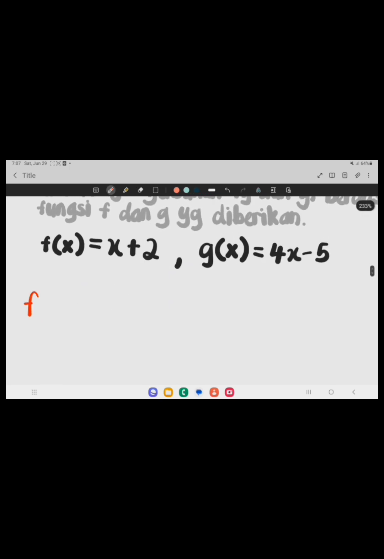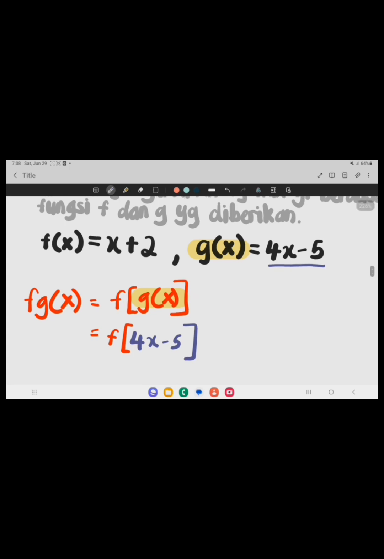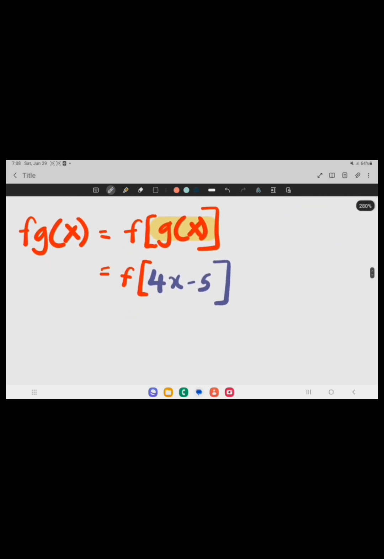You must split the f and g by putting a bracket in between them. And then the second step, you just copy back the g(x). I'm going to take this function of g(x), 4x minus 5. Don't ask me where the g(x) goes. Actually, the entire 4x minus 5 is representing g(x), so that's why I'm substituting g(x) with 4x minus 5.